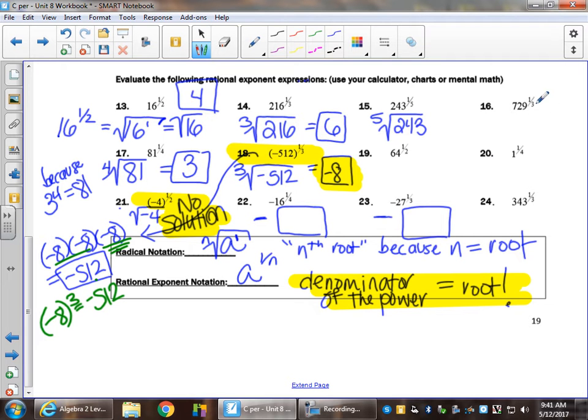What's the denominator? 3 is the root, but how would I say that out loud? Do you say 3 root? What do we say? Third root, not to the, third root of 729. Everybody, third root of 729.